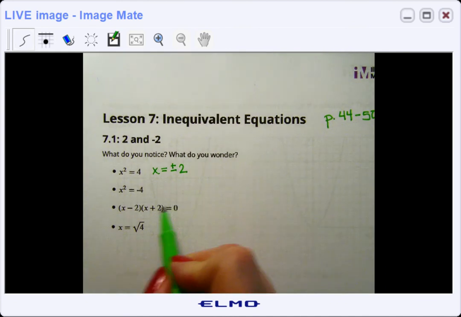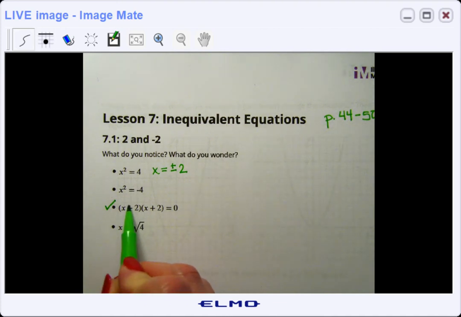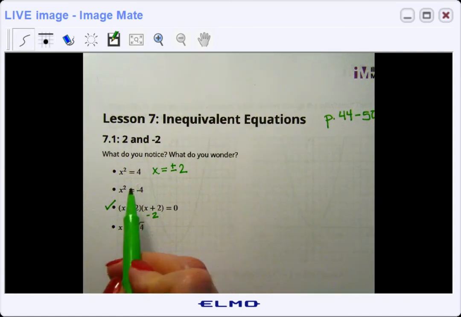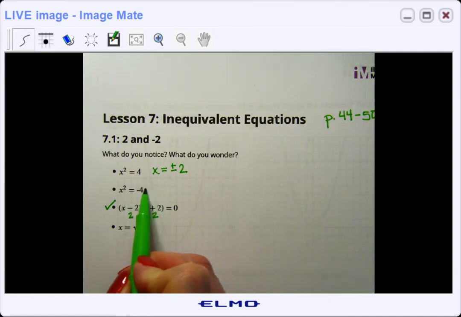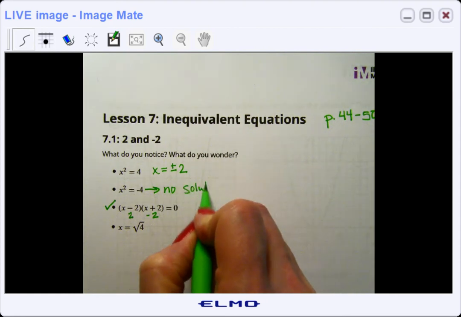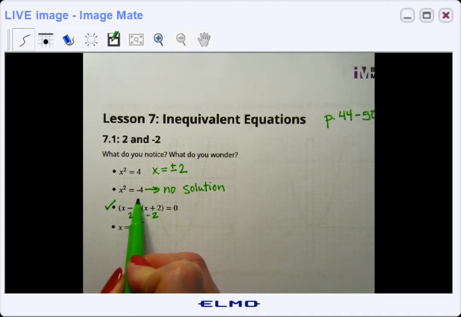And those happen to be the same solutions as this equation, because you can see this factor would give me a solution of x equals 2, and this one would give me a solution of x equals negative 2. So I notice that these two equations have the same solutions. I also know that this one has no solution, because x squared would be a positive value, and a positive value is not going to equal a negative value.